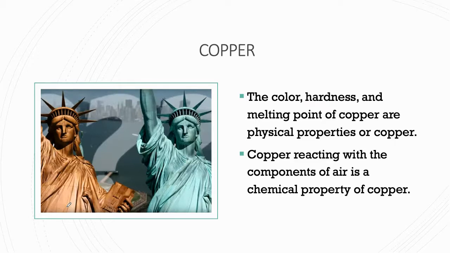Copper's a metal, so it's pretty hard. It melts at a certain temperature. It's a solid, right? These are all physical properties of copper. It's orange, it's hard, it melts at a certain temperature, and it's a solid at room temperature. So these are physical properties of copper.